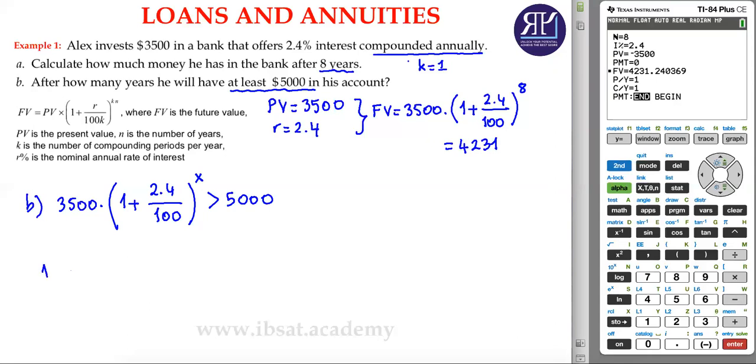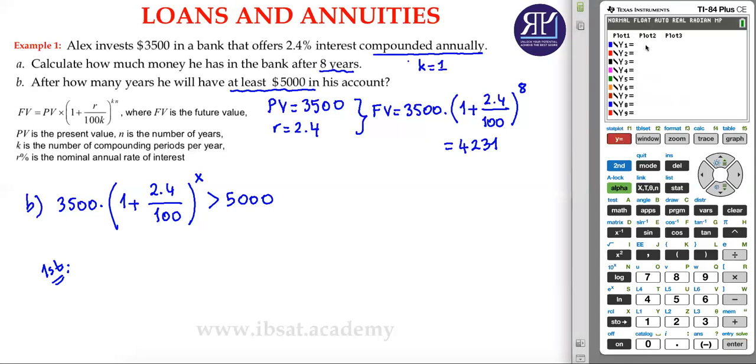The first method: again we will use the calculator. We will go to the graph part here. This is the Y part. In the Y1 part, we write the formula given here, 3,500 multiplied by, in the bracket, 1 plus, let's make the fraction again, 2.4 over 100, close the bracket, power of x.